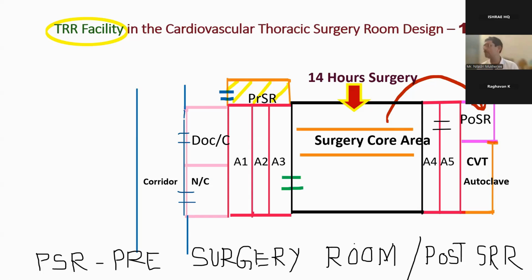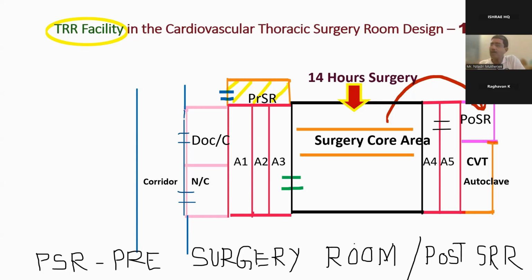So our objective is that the architect who makes the layout has to give all the facilities: the doctor changing room, nurse changing room, pre-surgery room, post-surgery room, and the surgery core area. Along with that, you find these are all airlocks: A1, A2, A3, and on this side also A4, A5, A6.